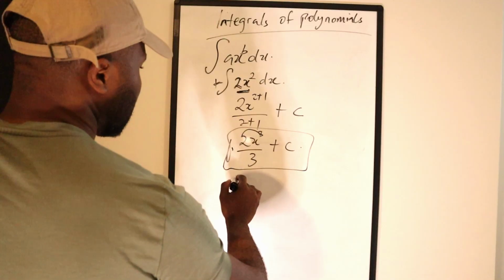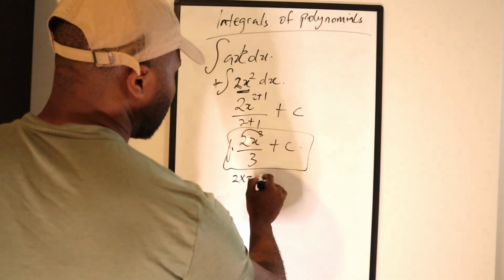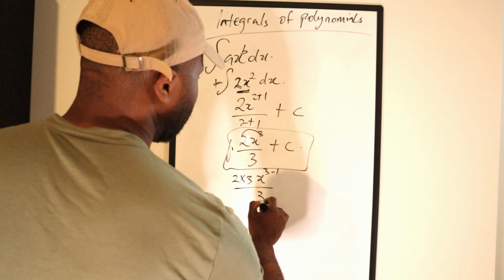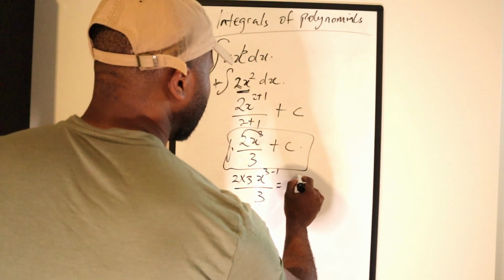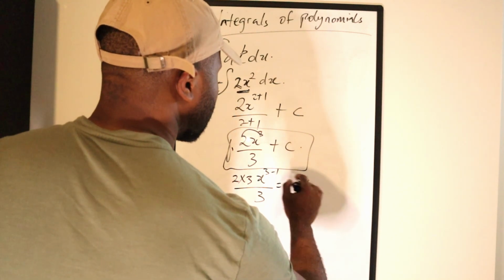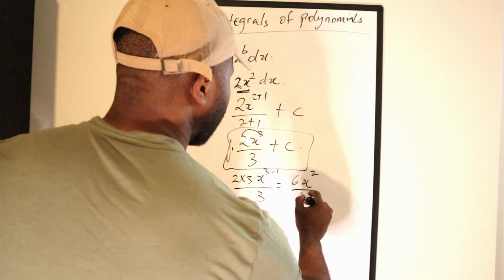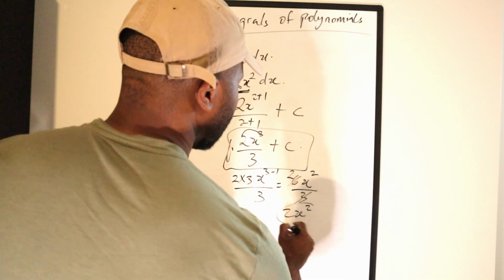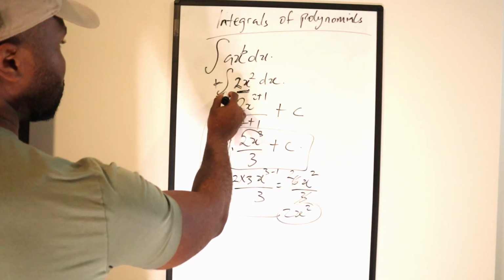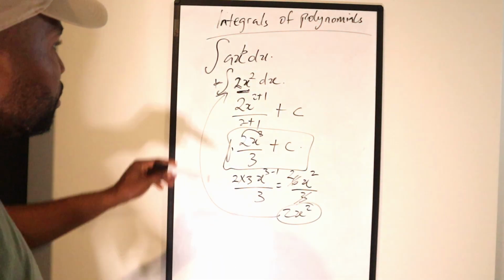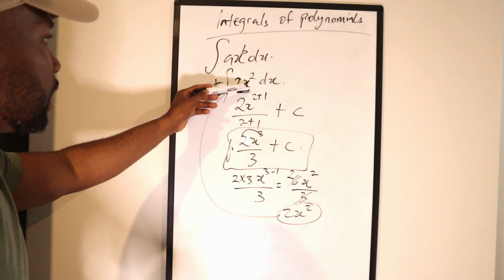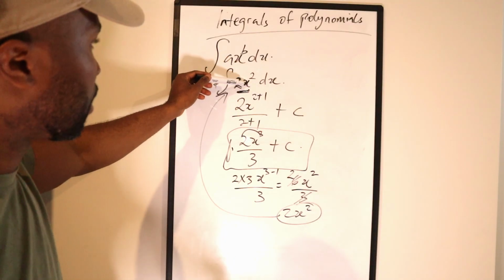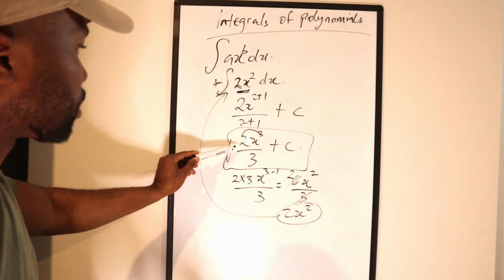So that will be 2 times 3, x raised to the power of 3 minus 1, divided by 3 here, and this will be 6x^2 over 3. So 3 cancels 6 to give 2. So this is 2x^2, our initial problem. Differentiation of this gives you back the original expression, and integration gives you this expression here.